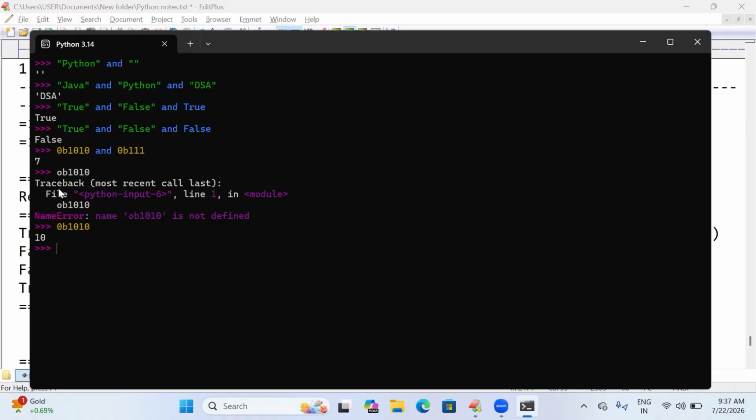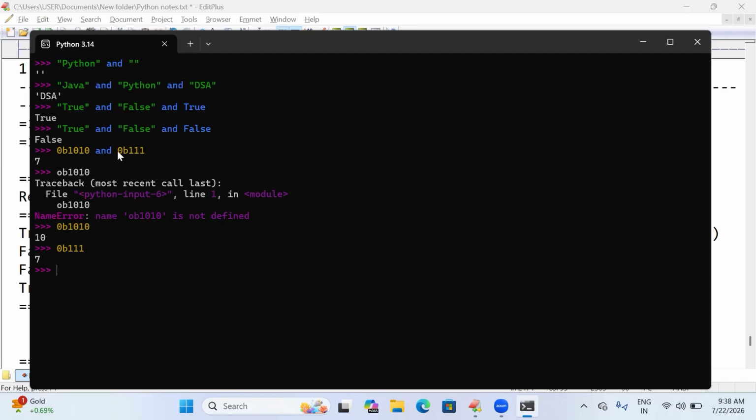See here, 10, right? And 0B111 is 7. So this value is 10, and 10 is non-zero, so it is true. It is going to evaluate 0B111, which is 7. 7 is non-zero, so it is going to evaluate as true. So this value is considered 7, right? That is the reason we got the answer as 7.